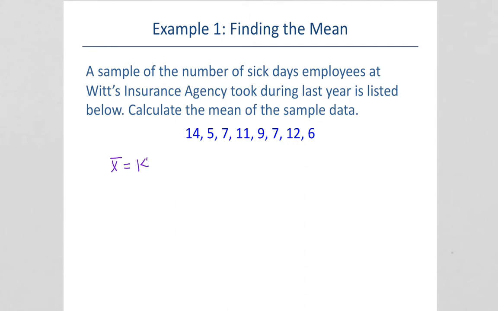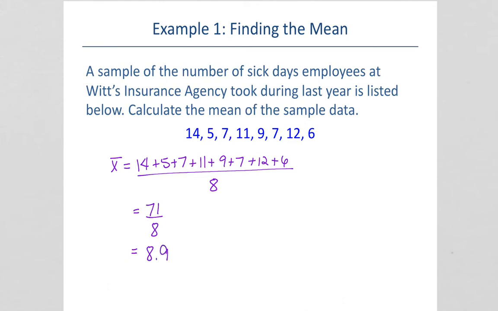And of course, just like with average, what you do is add them all up. And there's 8 data points there. So we get 71 divided by 8, or approximately 8.9. So the average amount of sick days taken was about 9 days.